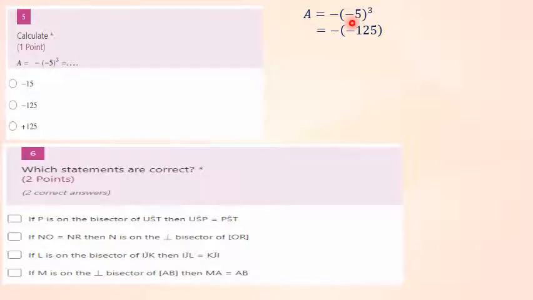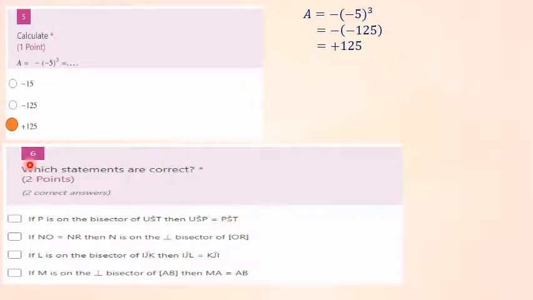So minus times minus times minus, we should write a minus sign. 5 to the power 3, it's 5 times 5 times 5, so it's 125. Now, minus 125, and the third answer is correct.